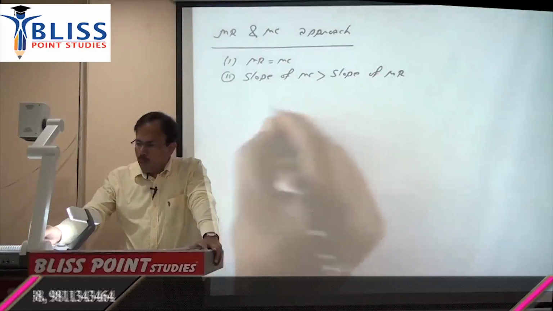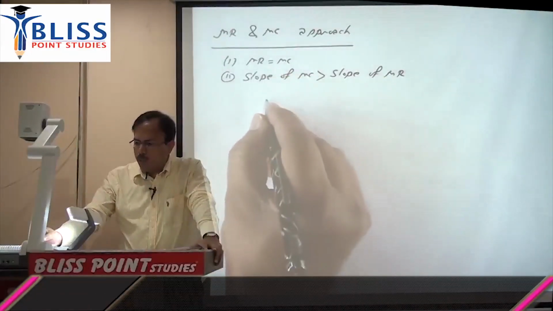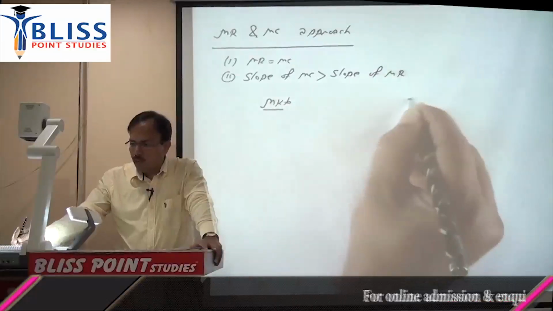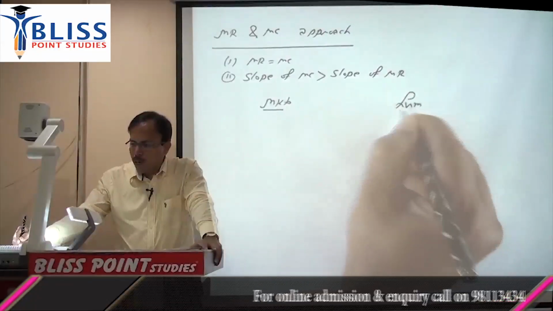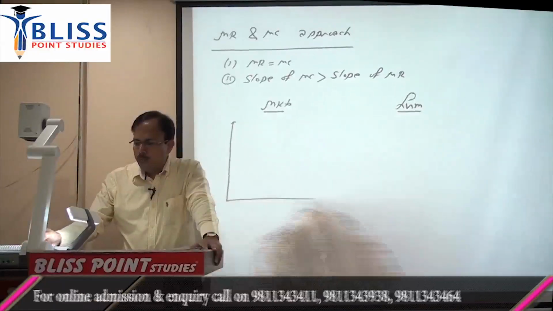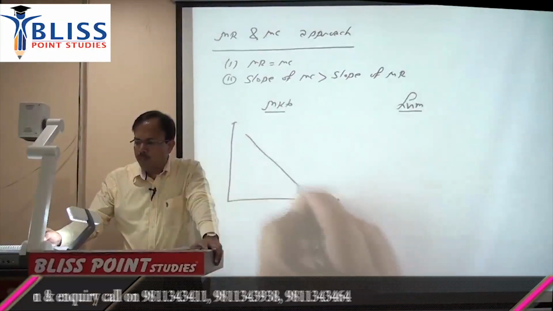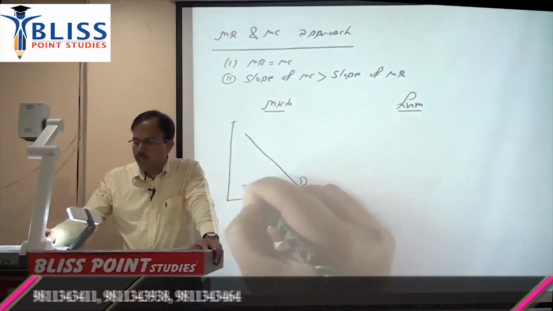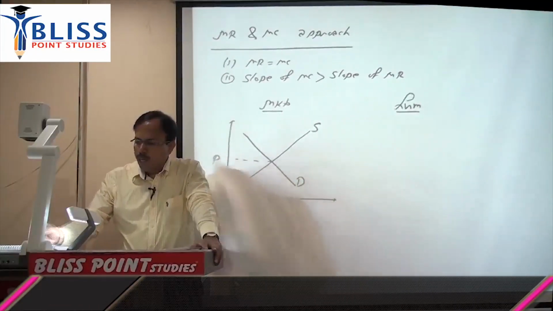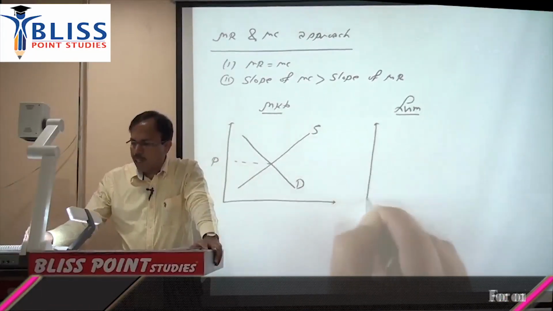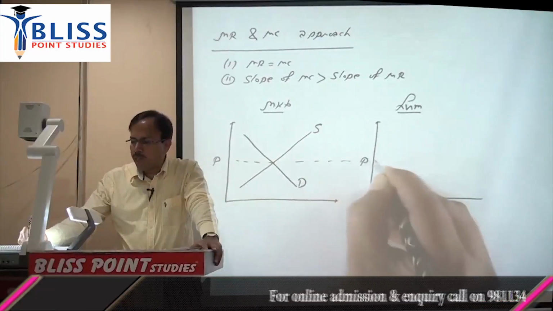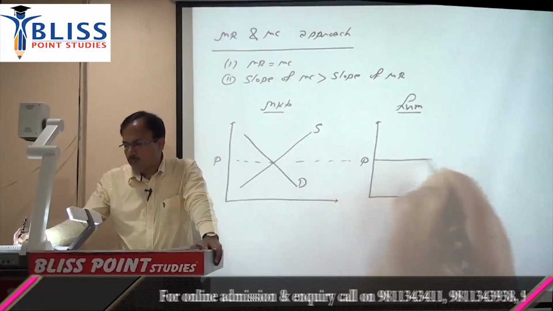Now, when you use this MR and MC approach, you can draw one diagram for the market and one for the private firm or individual firm. In a competitive market, prices are determined by the market forces of demand and supply, and whatever the price determined by the market, for one individual firm that price will remain constant.